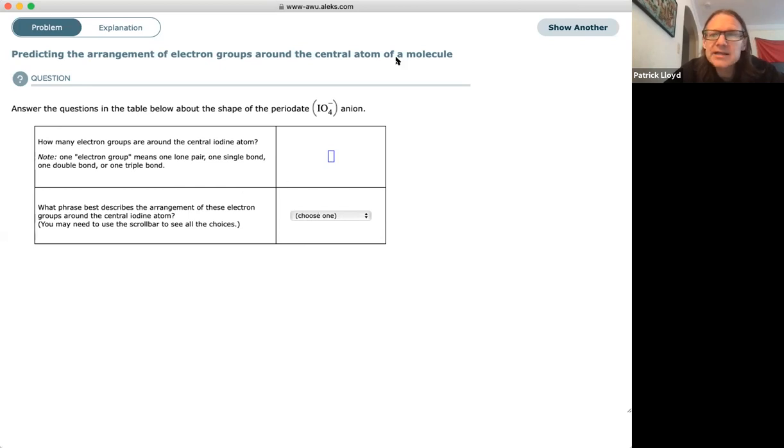So periodate is IO4 minus. Okay, so how do we draw the Lewis structure? Well, we put the iodine in the center, surrounded by the oxygen atoms.